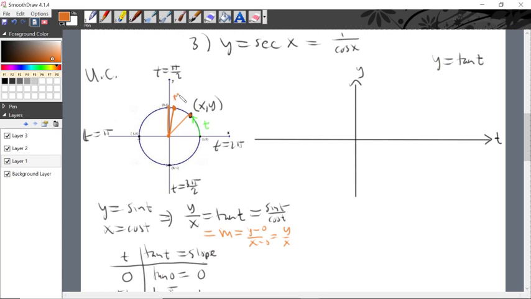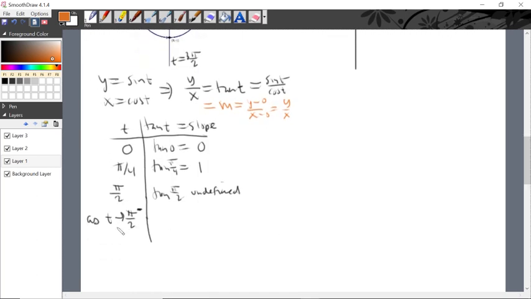The closer this point gets to the y-axis, the more positive that slope is going to be, steeper and steeper, and ultimately we're getting to an undefined slope. So as t approaches pi over 2 from the left, the tangent of t is approaching an uncountably large positive slope. It's approaching positive infinity.